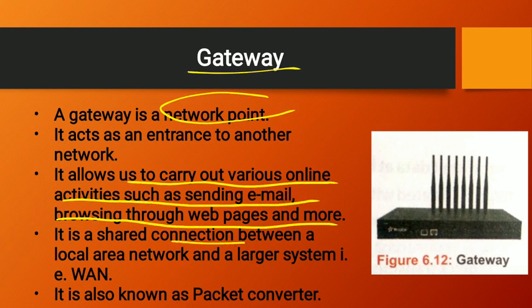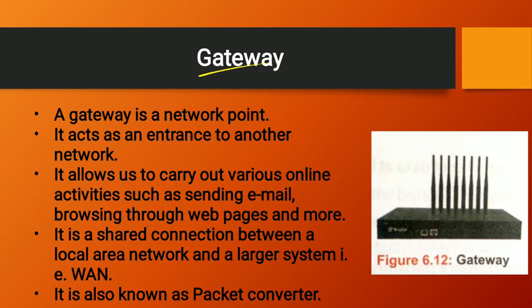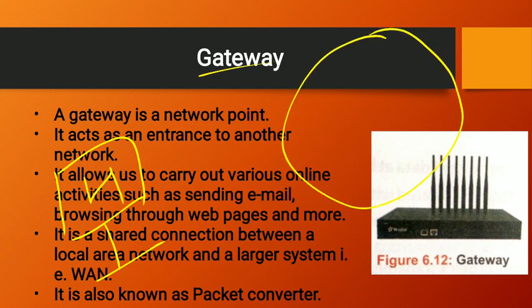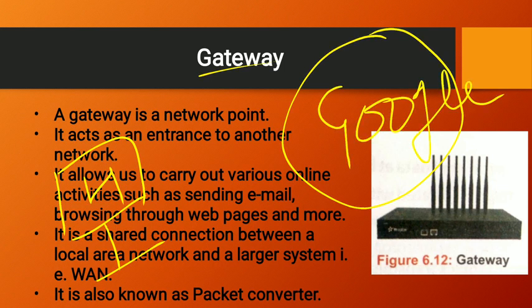It's a shared connection between a local area network and a larger area network, that is WAN. So let us understand. You are sitting at home and you are using the internet. This is your computer. You want to connect to Google. Google is an international network, or we can say WAN. This is a worldwide network.